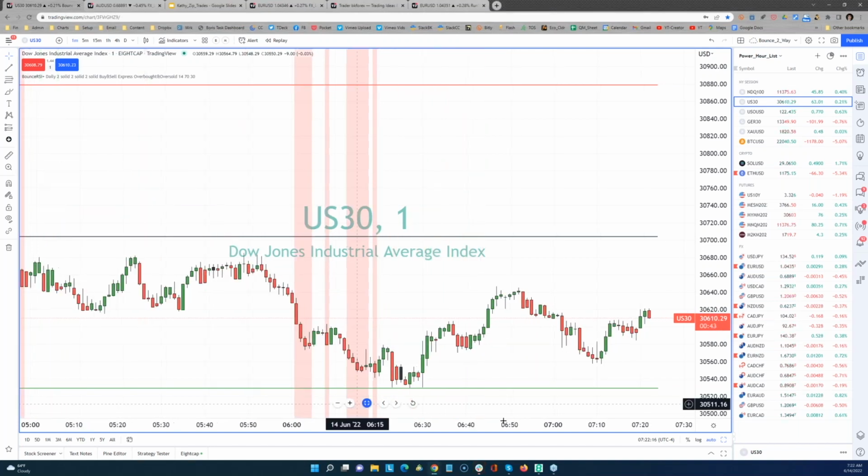Let's get it a little bit bigger so you guys can see it. So this indicator dynamically will create the high of the day and the low of the day. Right now, if the high of the day rises, the line will rise. If the low of the day falls, it will fall.